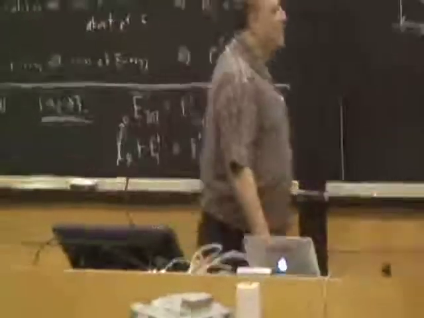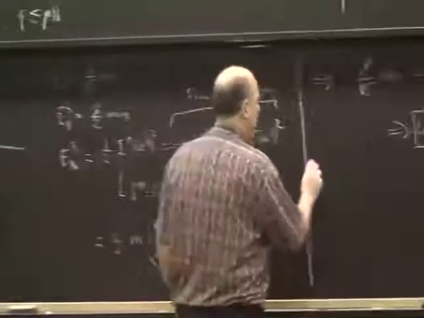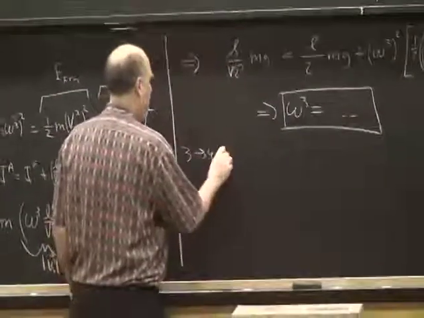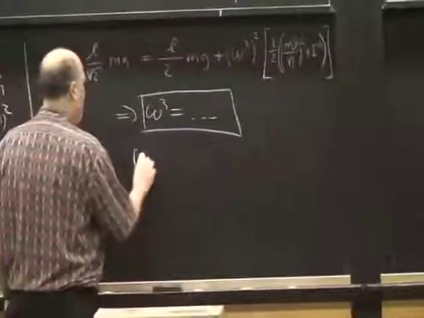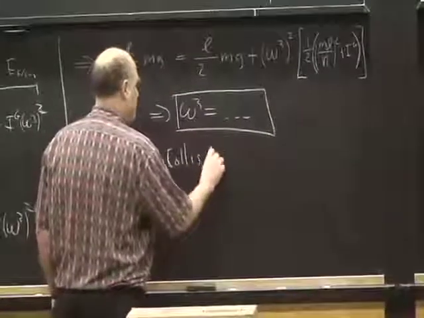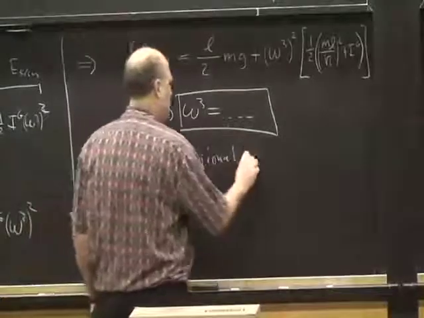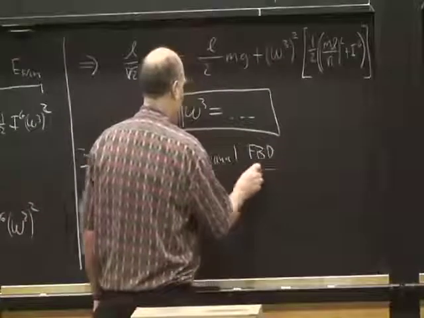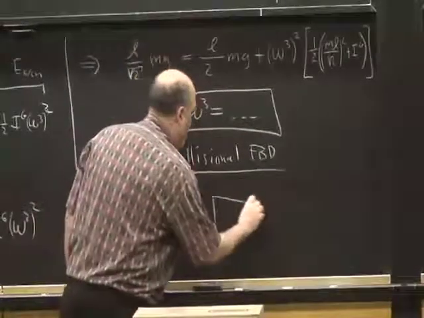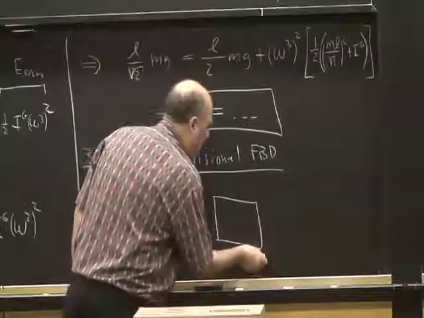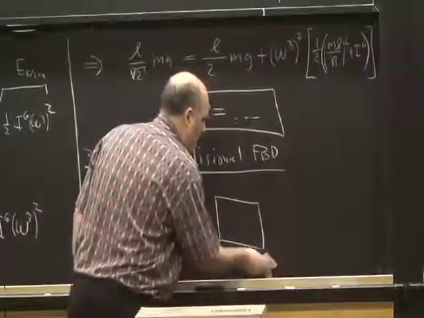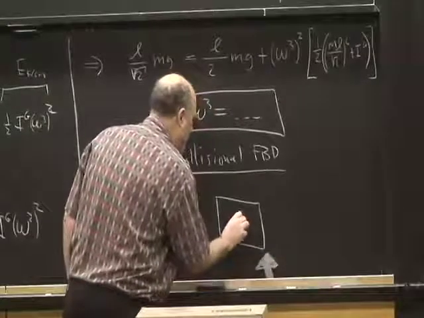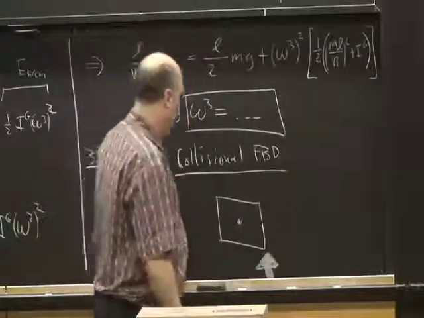Okay, so that is the 1 to 2 to 3. Now we want to do the new part today, which is 3 to 4 to 5. And so we start out with this collisional free body diagram. The collisional free body diagram looks like this. We have this big force. And then we've got this teeny little mg force, which we neglect.